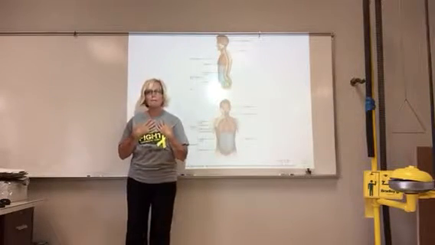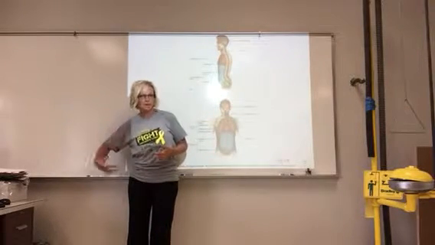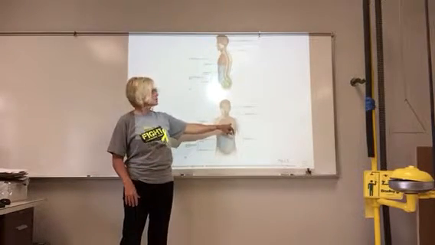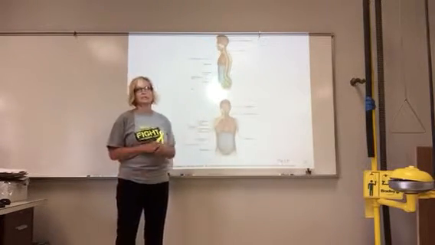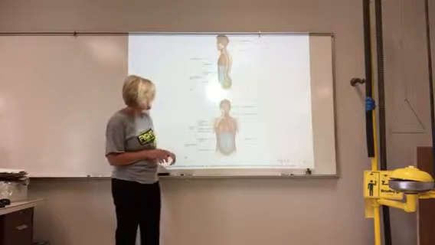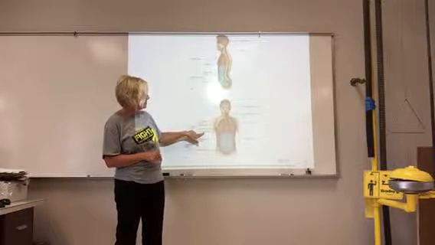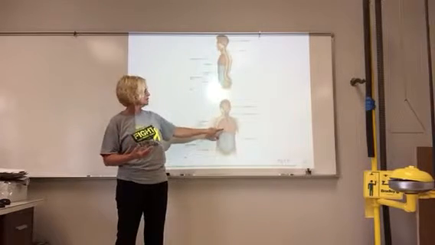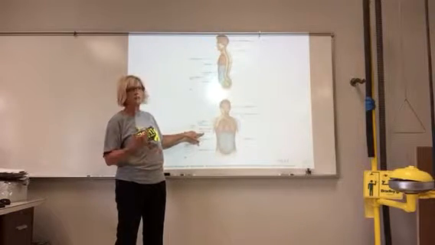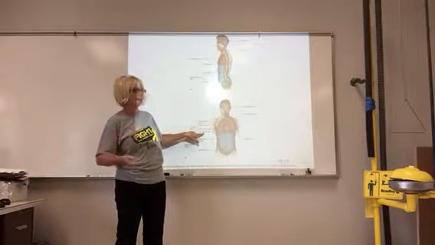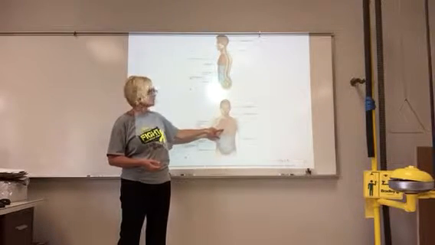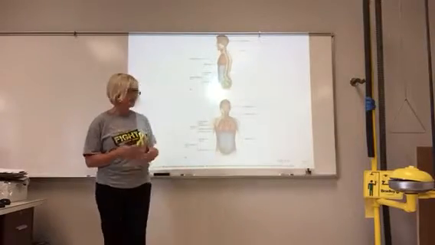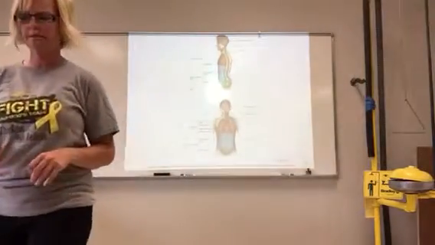Remember, when you're looking at the body, this is my right side, this is my left side, so it's going to look opposite in diagrams. Cardio deals with heart. So whenever you see something that has cardio or cardia, that's going to deal with your heart. And then abdominal and pelvic, we already talked about that one.